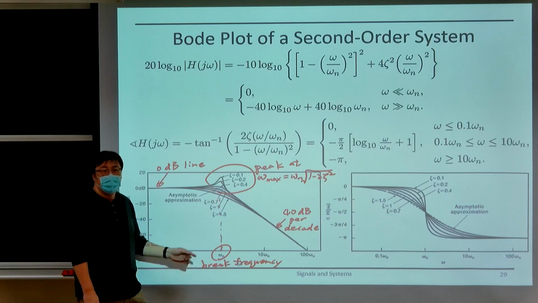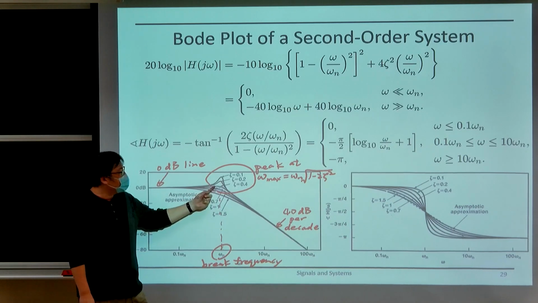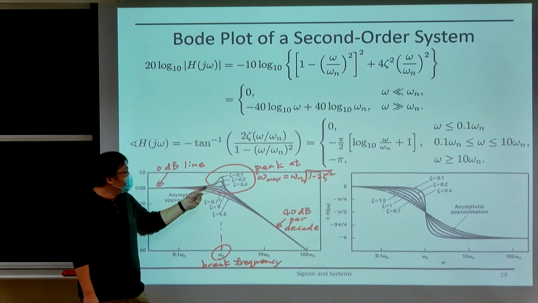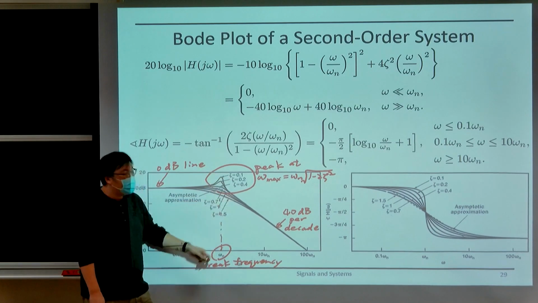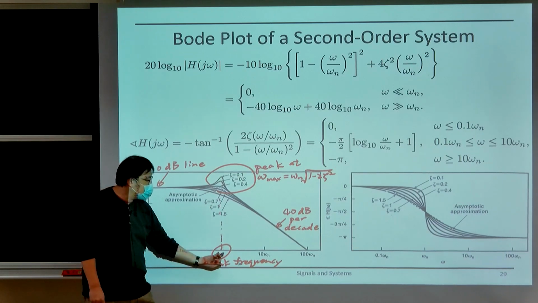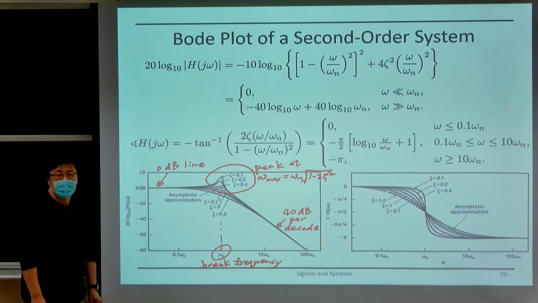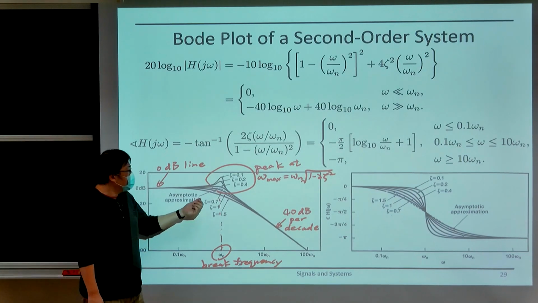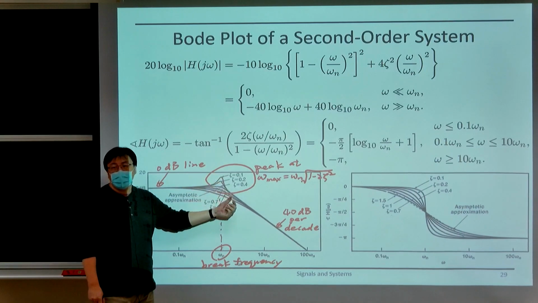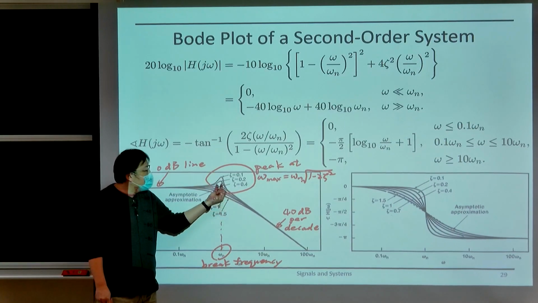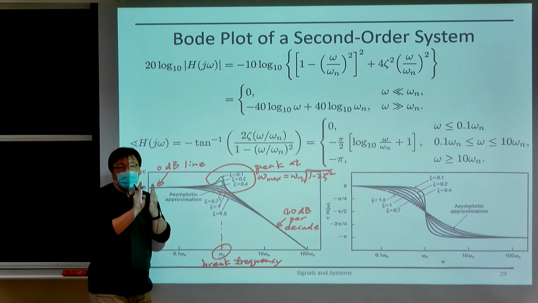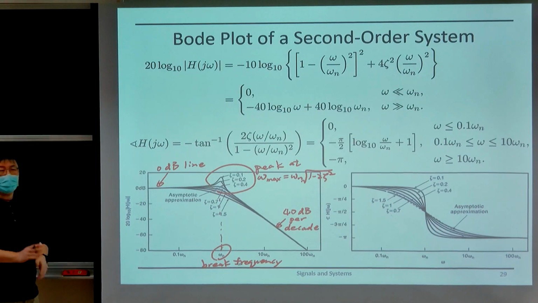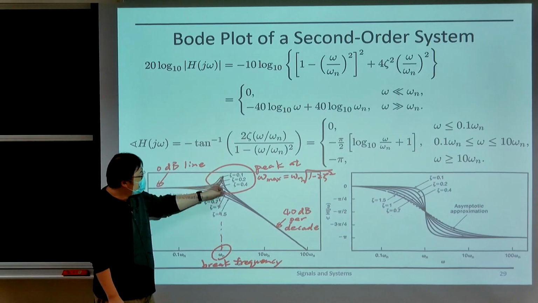So if you pick a system with a small value of zeta, then it will give you a very large gain for signal components around the frequency omega n. Okay. So sometimes this is desirable, sometimes it is not. It may be desirable if you want to construct a filter that lets through very narrow, very specific frequency signals. And this will allow you to do that if that is what you want.